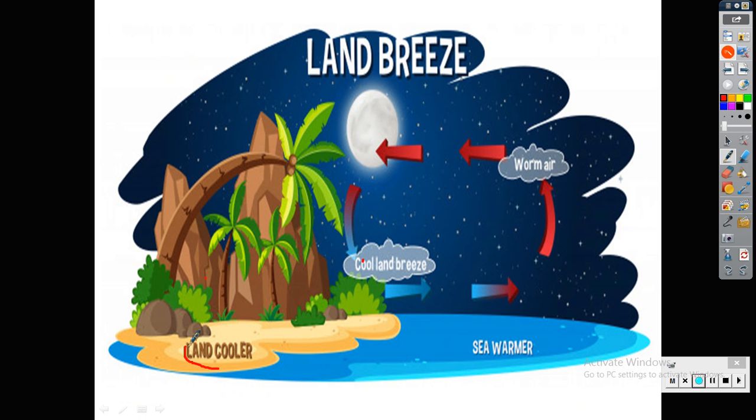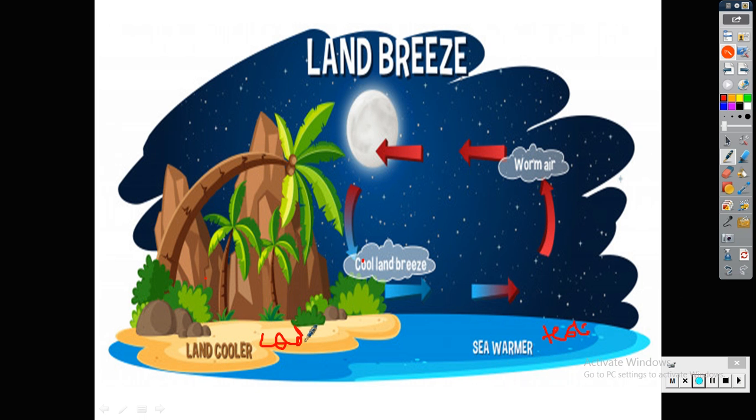So the sea stays warm. The sea is hot now, so it is not cooling down, but the land is getting cool.